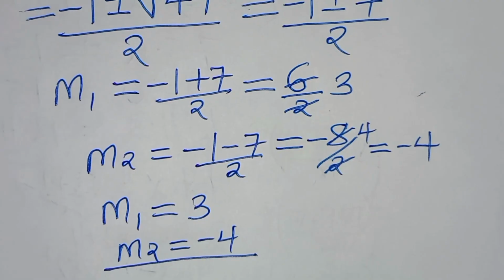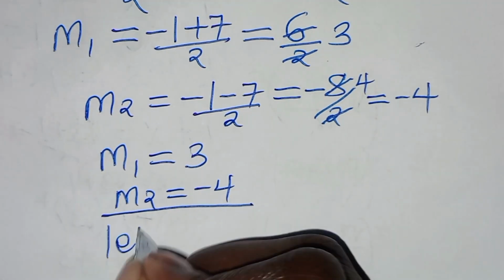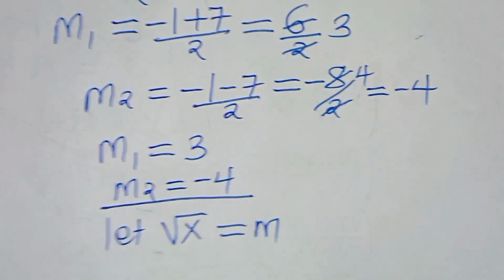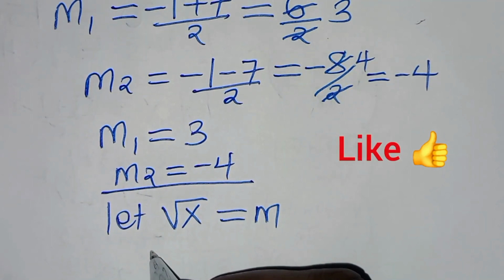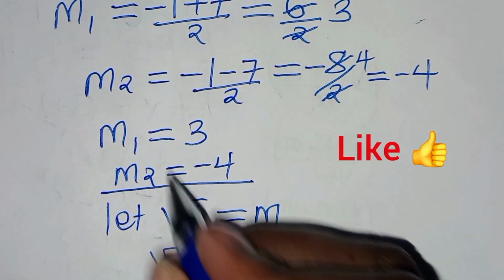If you recall, we let square root of x be equal to m. Let's start with m1. That implies that square root of x is equal to m1, which is equal to 3.